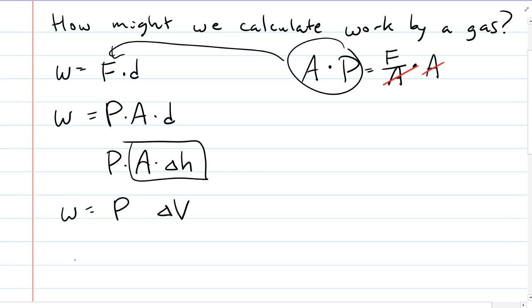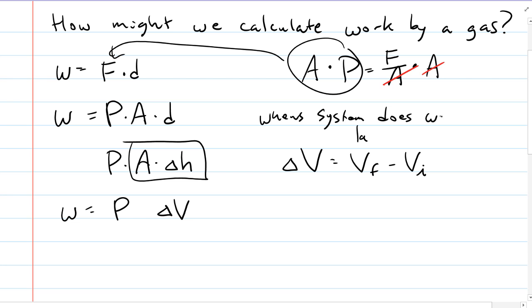Now, delta V is equal to the final volume minus the initial volume. And when the system does work, the final volume is larger than the initial volume.